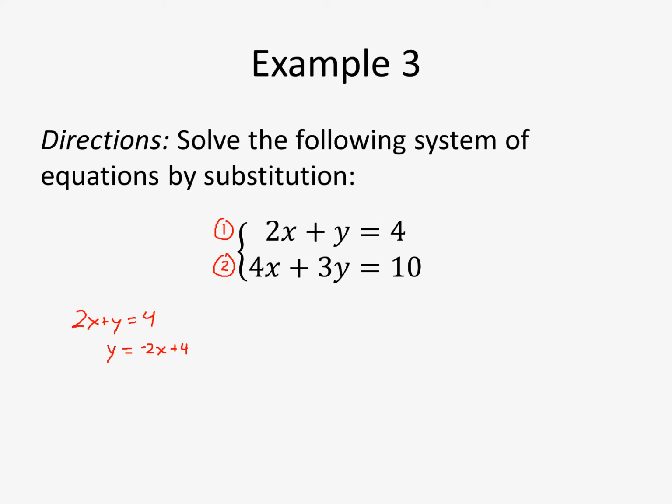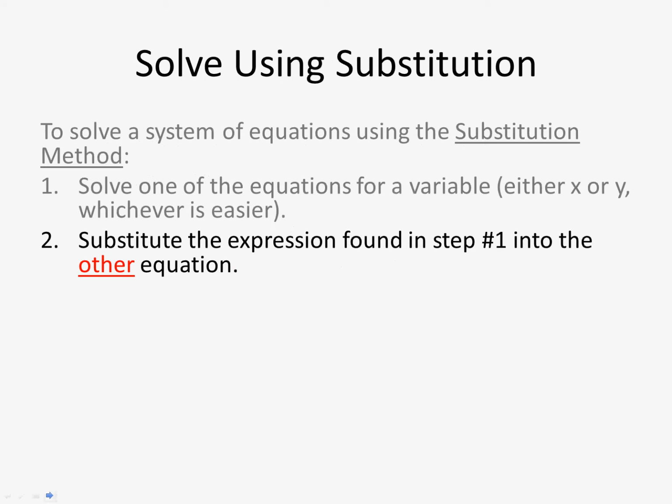Okay, so that's what y is. y is equal to negative 2x plus 4. According to the second step, I need to take that value and plug it into the other equation. Step 2 says substitute the expression that we found in step 1 into the other equation.